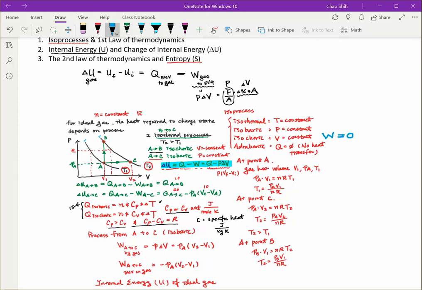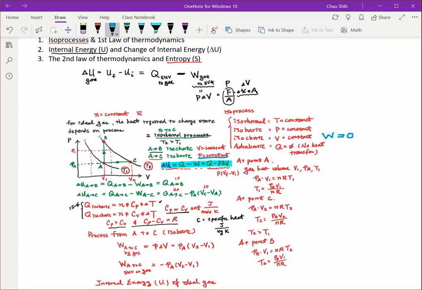Let's look at another process. Let's look at the process going horizontally from A to C. From A to C, we keep pressure constant, but volume and temperature change. Pressure as a constant is called isobaric.